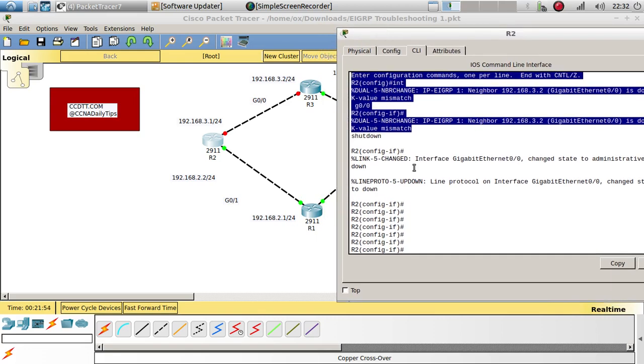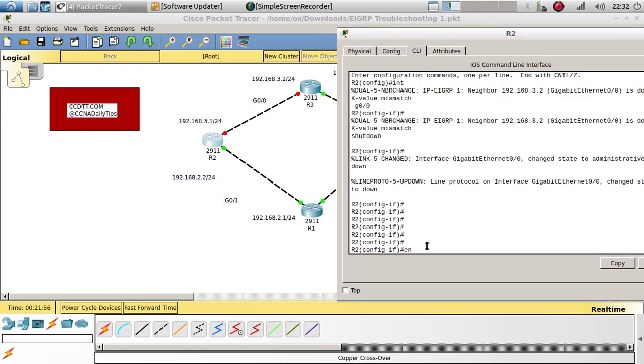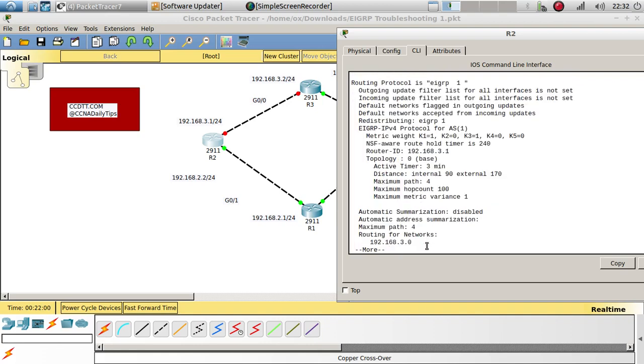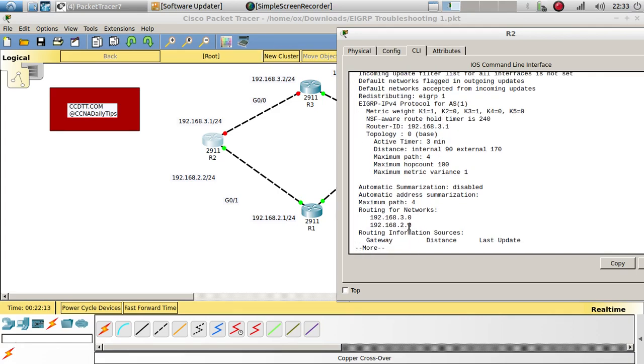So let's go ahead and take a look at this and see what's going on in this router. Show IP protocols. So we are using autonomous system 1. The K value is 10100. So that's working good. That's good. Let's see the networks that we're advertising. So 192.168.3.2.